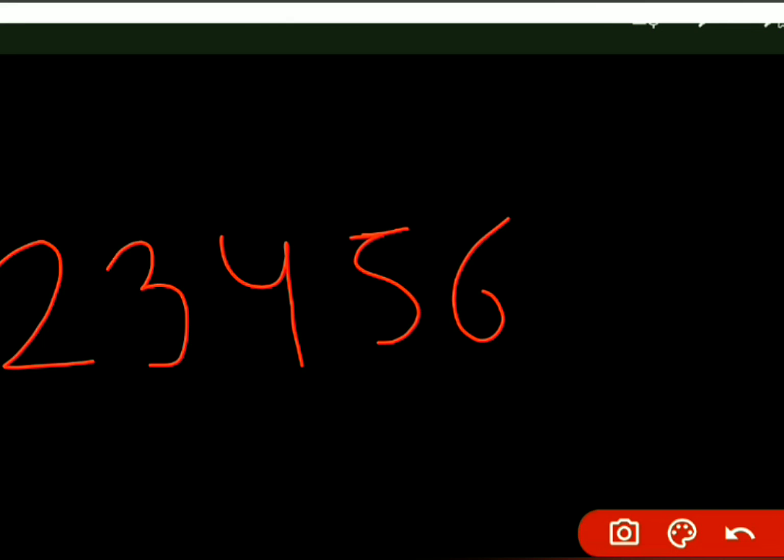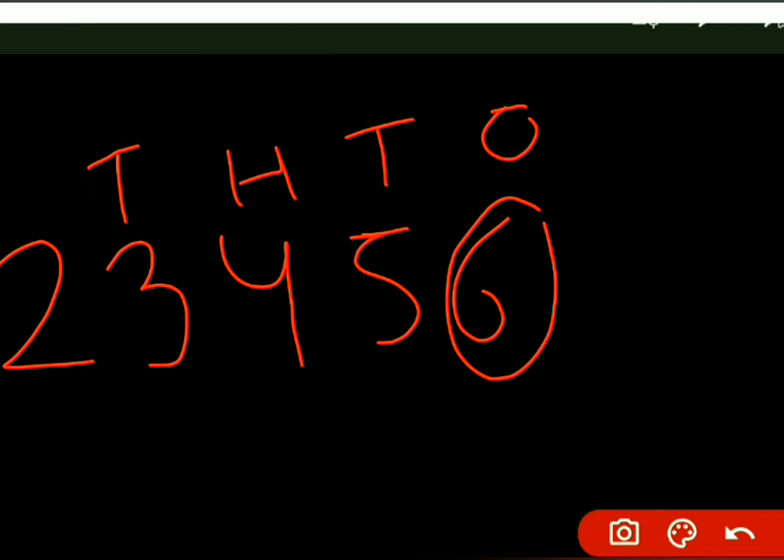Student, the number is 23,456 and we will give the digits their place value. The place value of 6 is ones starting from the right hand side. The place value of 5 is tens, the place value of 4 is 100, the place value of 3 is 1000 and the place value of 2 is 10,000.